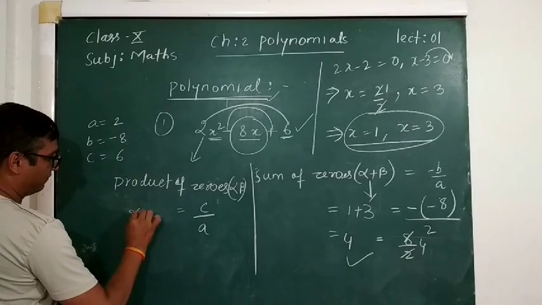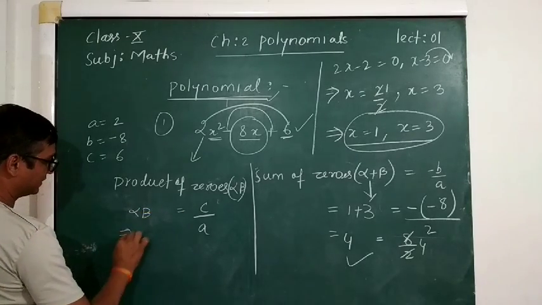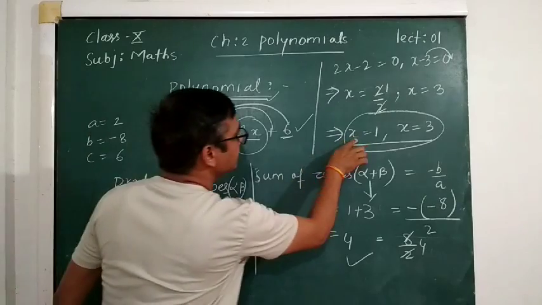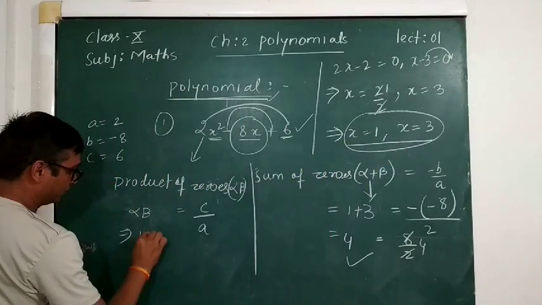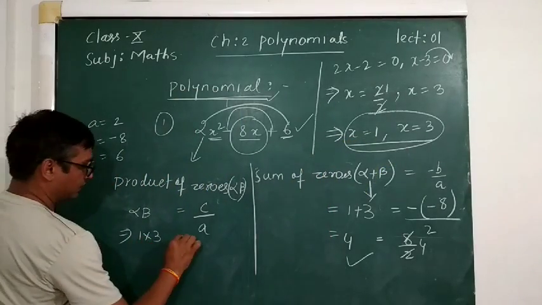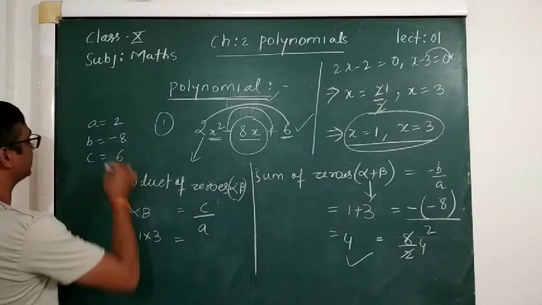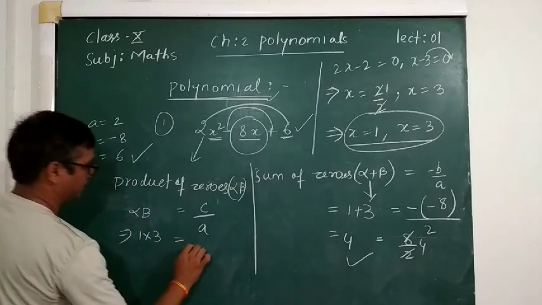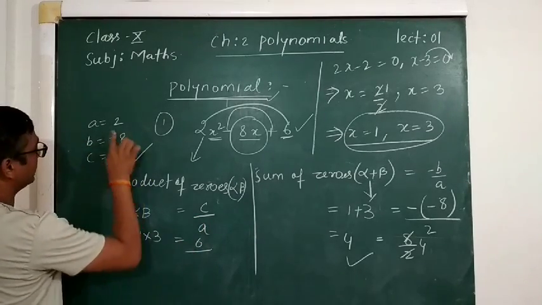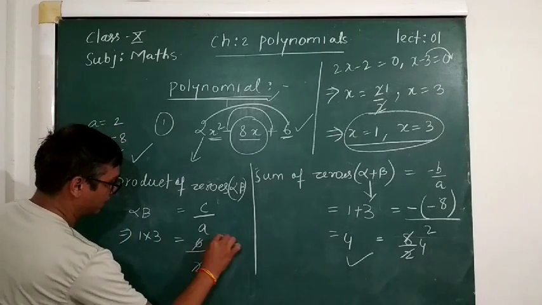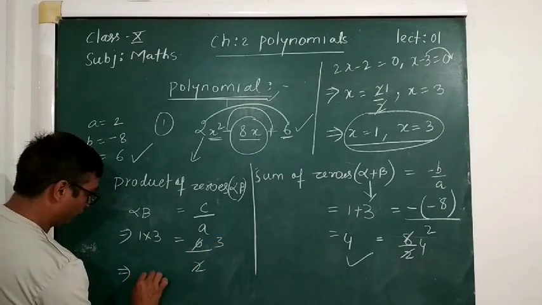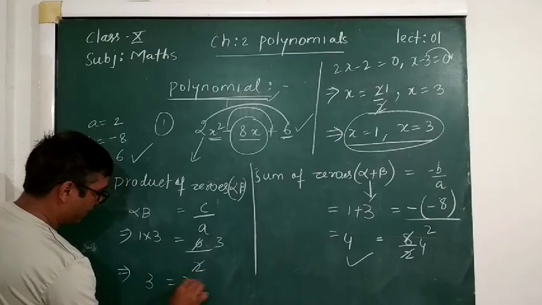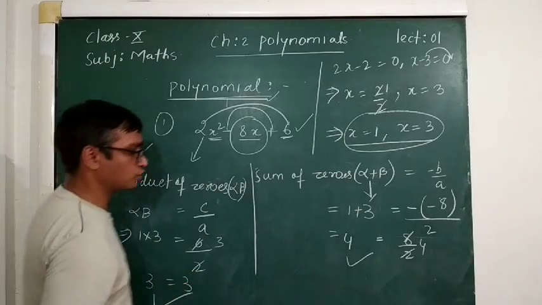So here alpha beta we will take as the value of this x, 1 into 3 is equal to, what is c by a? C value is 6 and a is 2. So 2, 3, 6. So 3 is equal to 3, which means this is also correct.